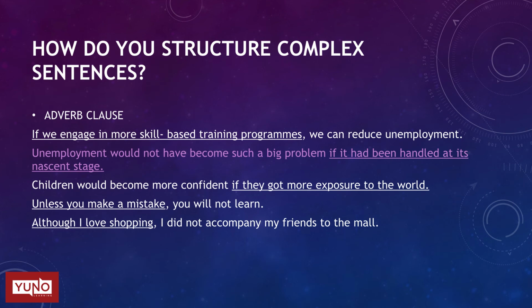So unemployment would not have become such a big problem if it had been handled at its nascent stage. Now let's look at another structure. What do we have in the if clause over here? Simple past tense. If they got more exposure to the world.